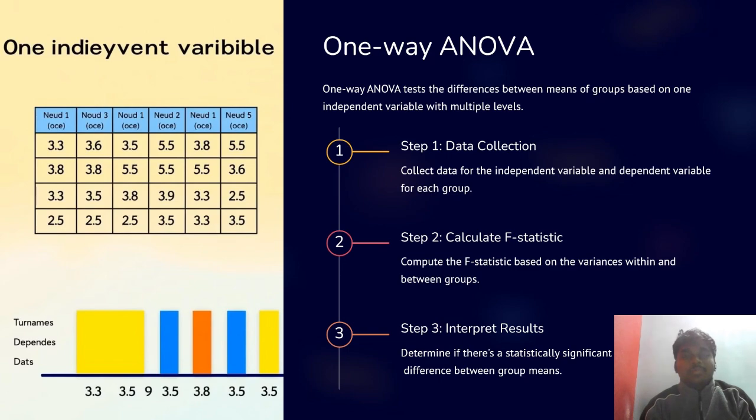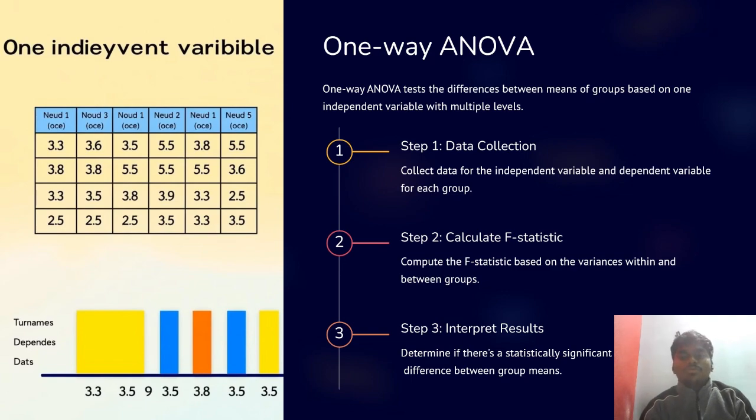One-way ANOVA. One-way ANOVA tests the difference between means of groups based on one dependent variable with multiple levels. Step 1. Data collection. Collect data for the independent variable and dependent variable for each group.